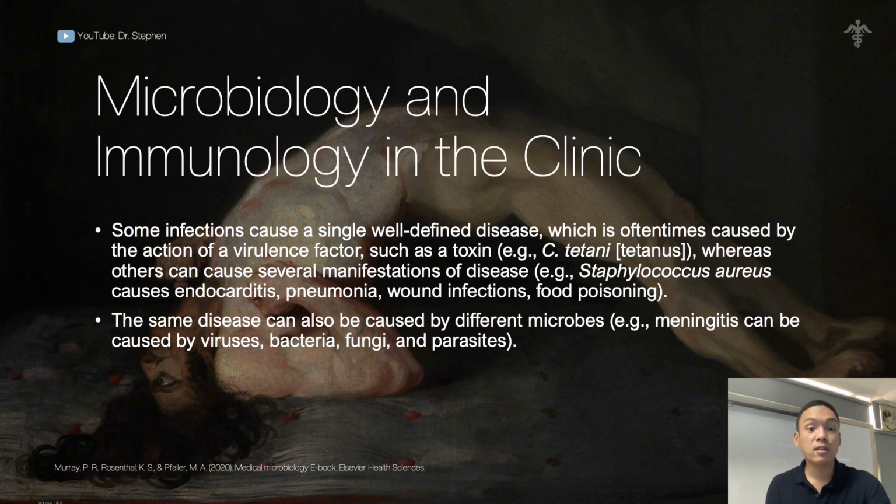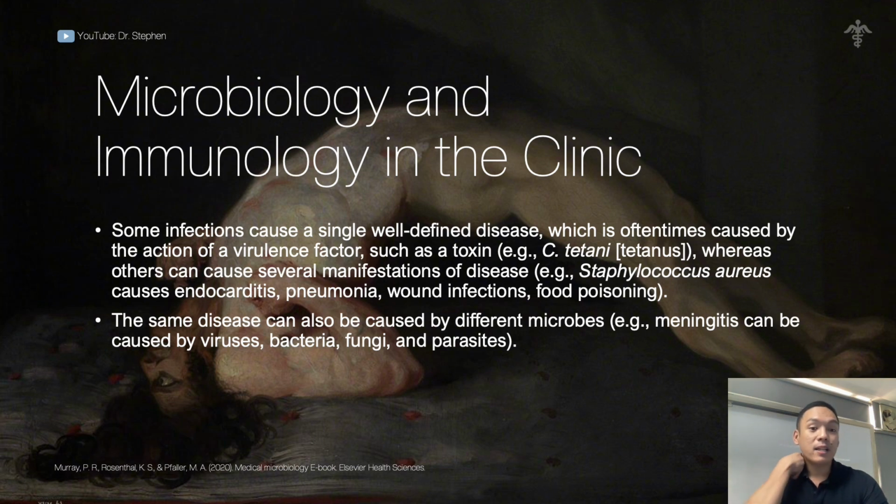Some infections can cause a single well-defined disease, which is sometimes caused by the action of a virulence factor, such as the toxin produced by Clostridium tetani, the one that causes tetanus. Whereas others can cause several manifestations of disease, such as Staphylococcus aureus, which encompasses many systems, like endocarditis, pneumonia, wound infections, and also food poisoning.